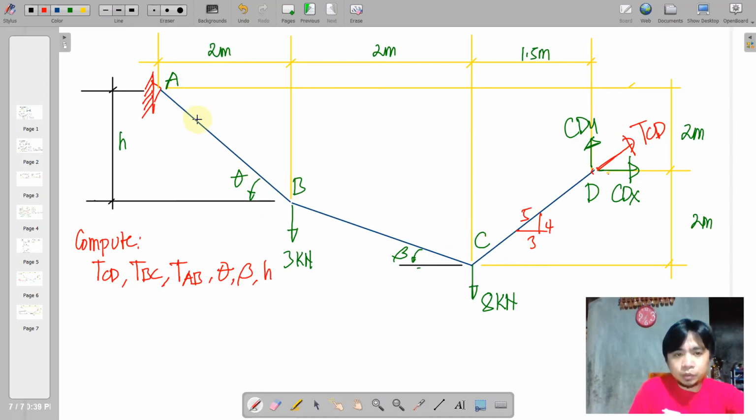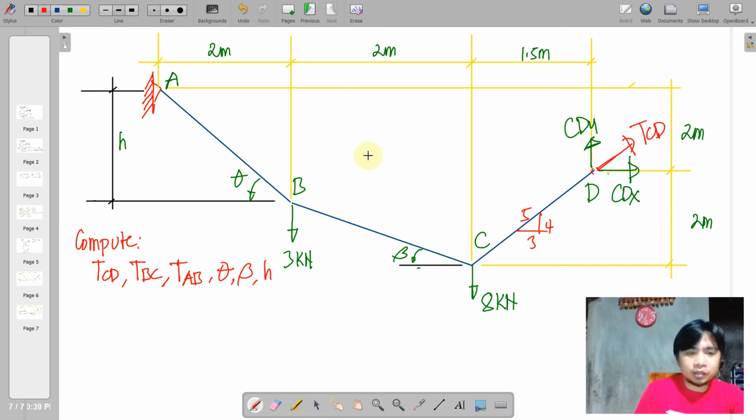since the distances are given in the problem, we'll just have to take moments at A to come up with the value of the tension at CD. Of course, this CDX and CDY should be expressed in terms of the slope later on.